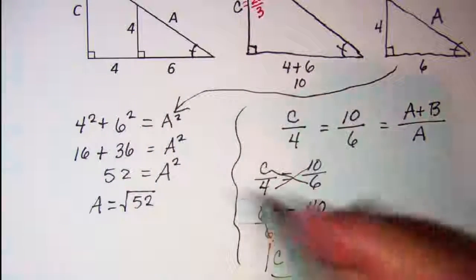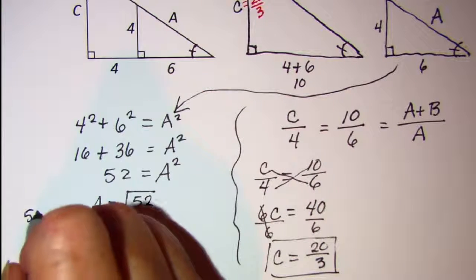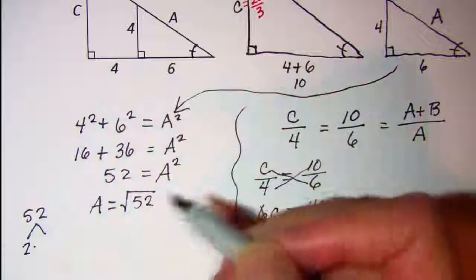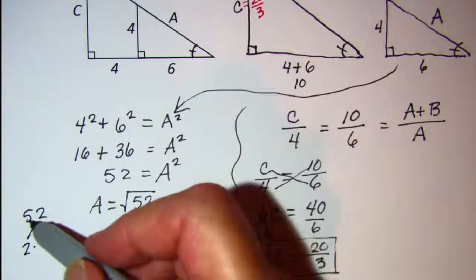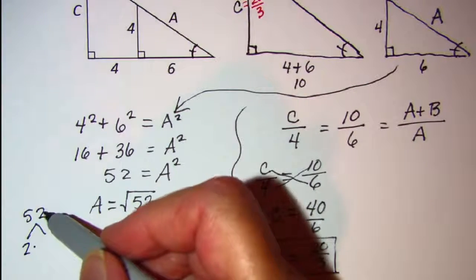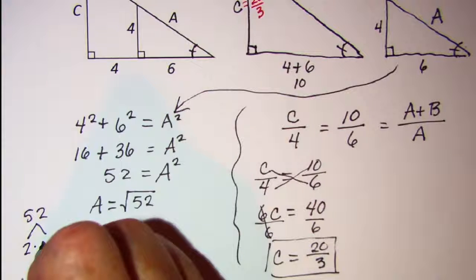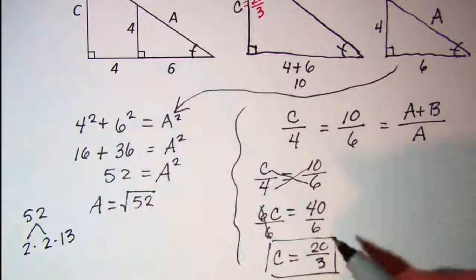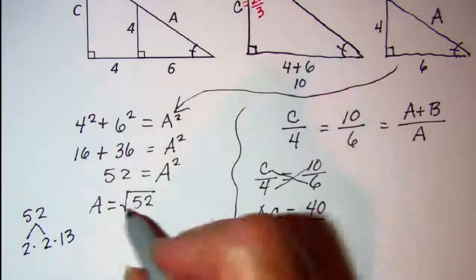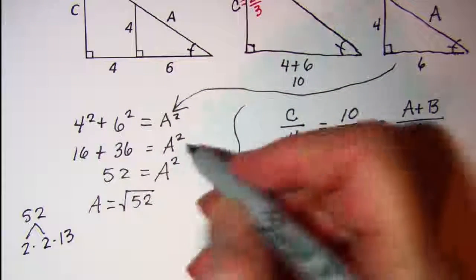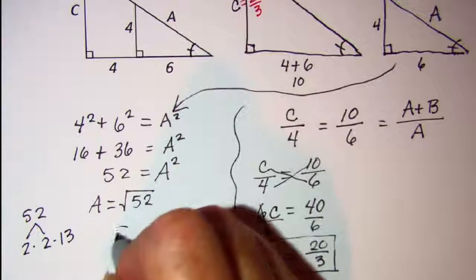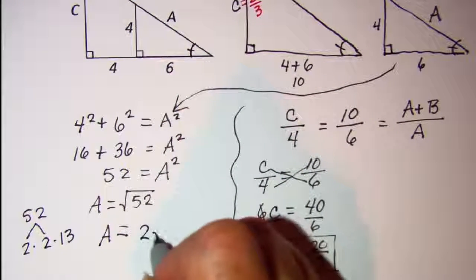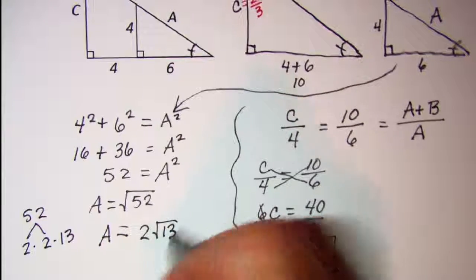Now I know that 52 breaks into 2 times 26. 26 is 2 times 13. So this then is going to equal 2 root 13.